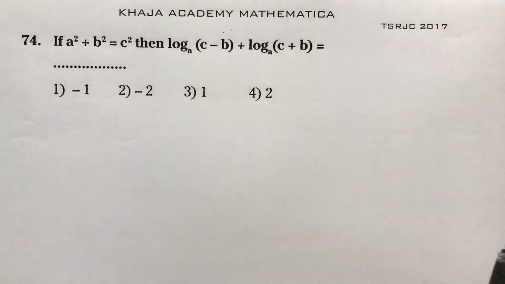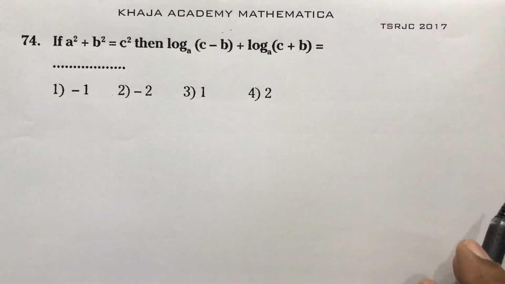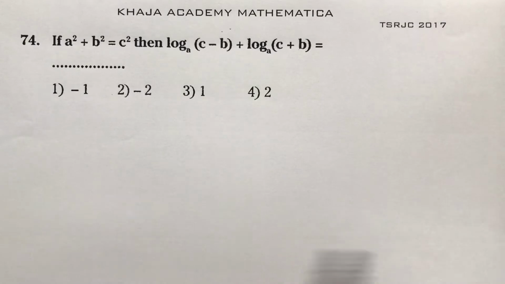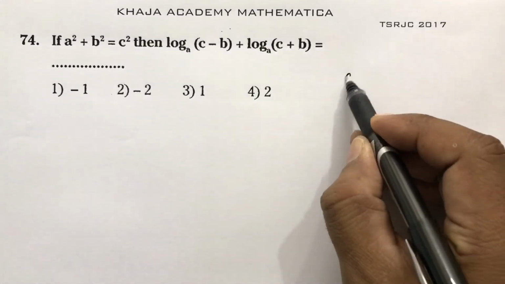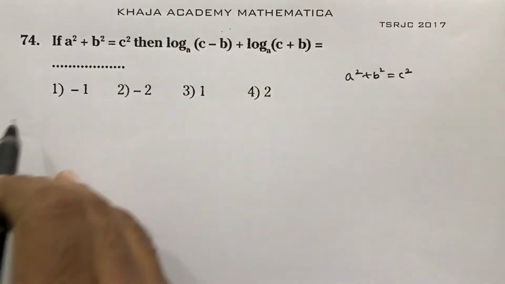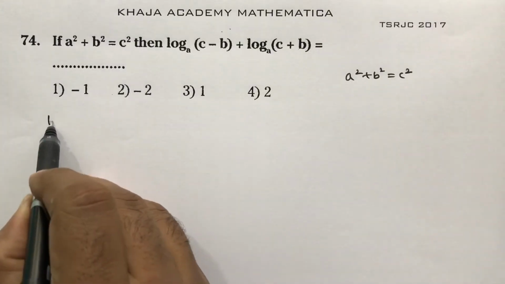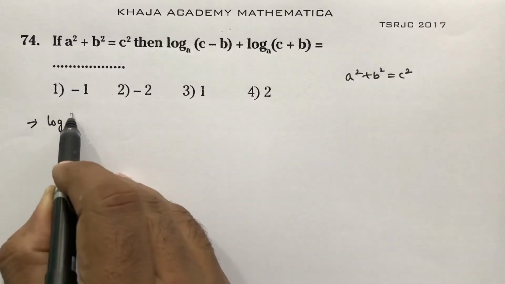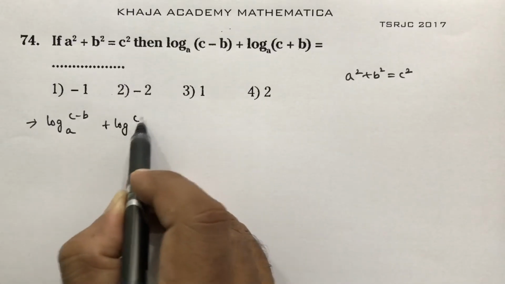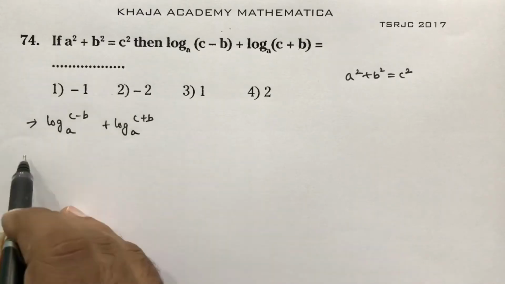If a square plus b square equals c square, then log c minus b to the base a plus log c plus b to the base a. So they gave a square plus b square equals c square, and they're asking us to find the value of log c minus b to the base a plus log c plus b to the base a.